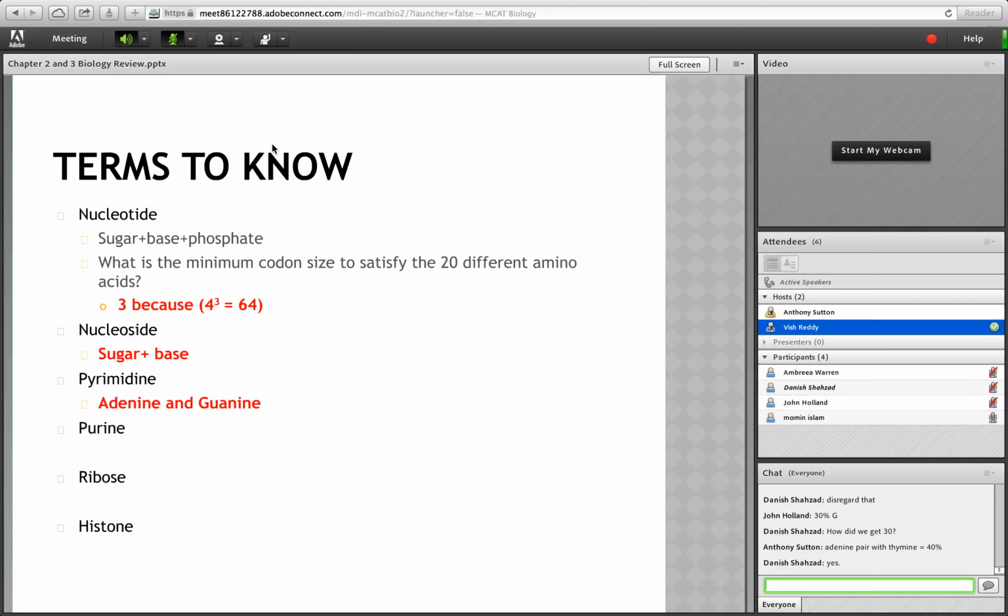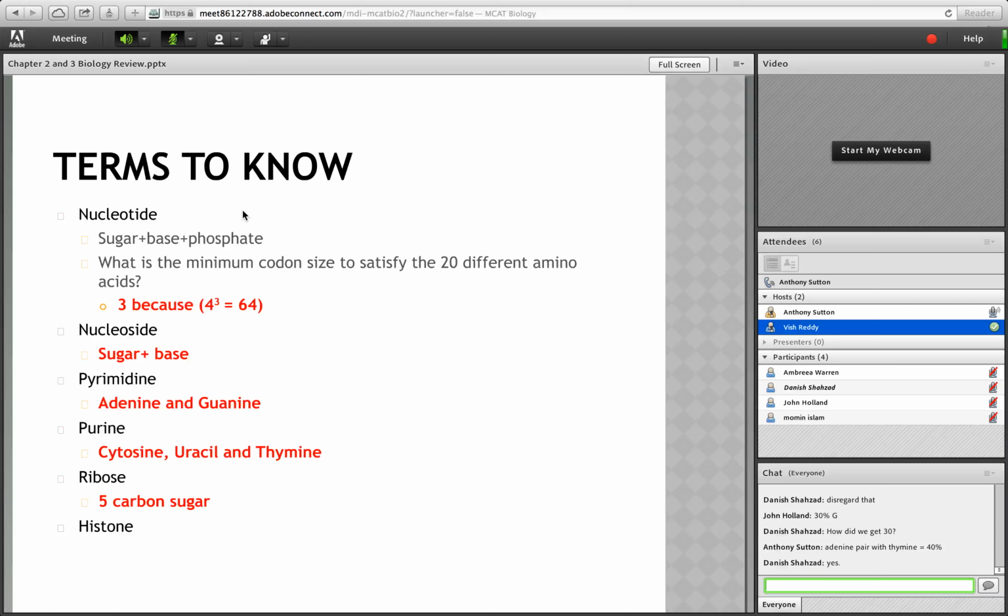Good. What if I had RNA? Cytosine and uracil. Okay, good. Everybody understand that? So disregard this. Pyrimidines is cut the pie, purines are pure as gold. That's the mnemonic.